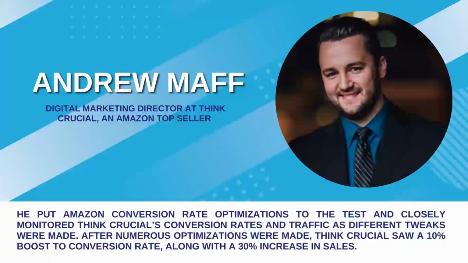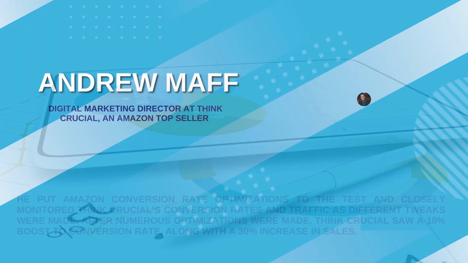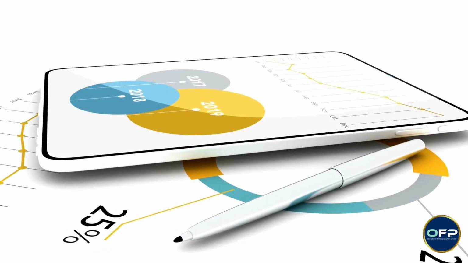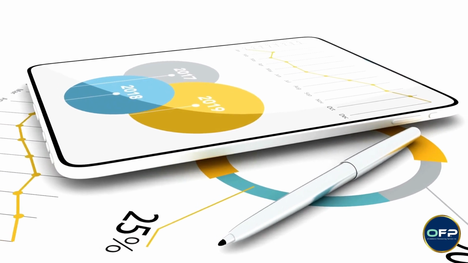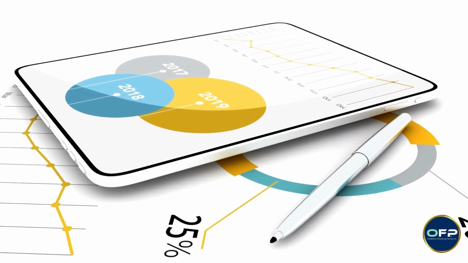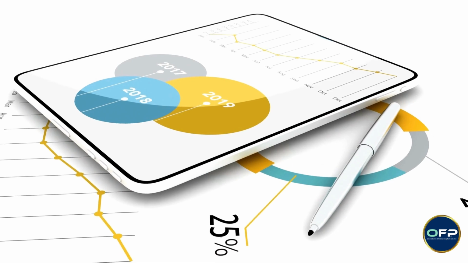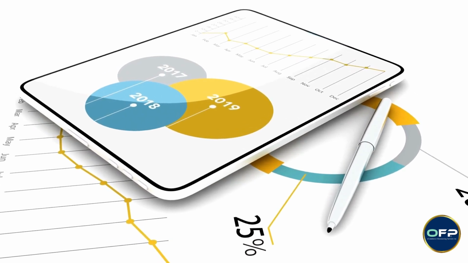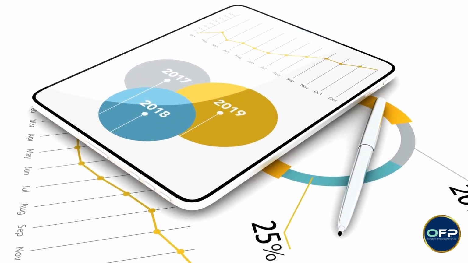He put Amazon conversion rate optimizations to the test and closely monitored Think Crucial's conversion rates and traffic as different tweaks were made. After numerous optimizations were made, Think Crucial saw a 10% boost to conversion rate, along with a 30% increase in sales. What he found most effective during this test was a combination of the following.